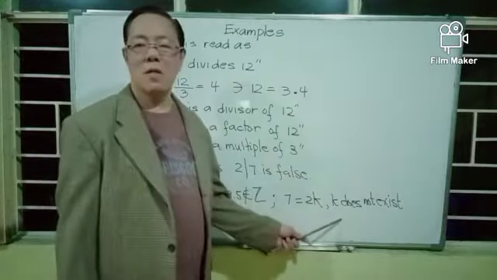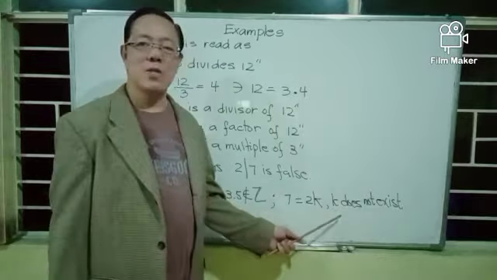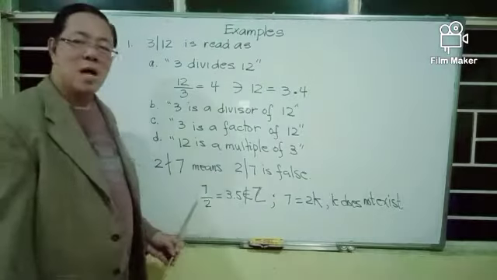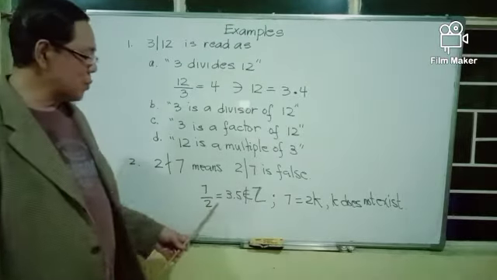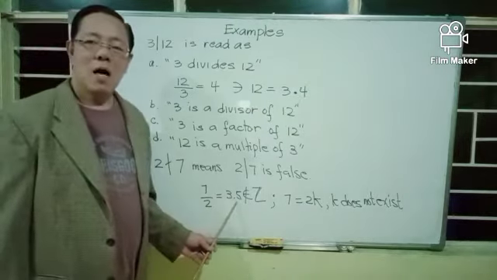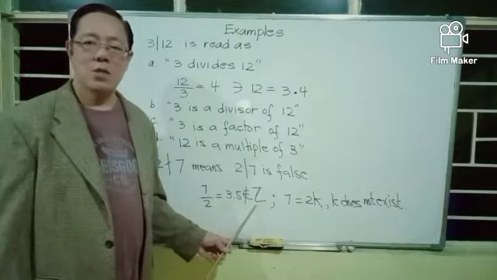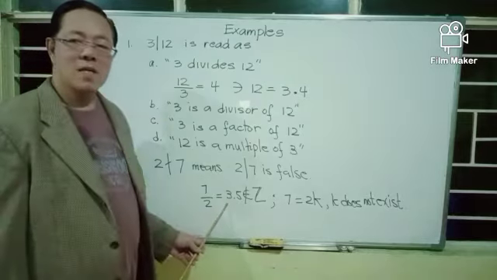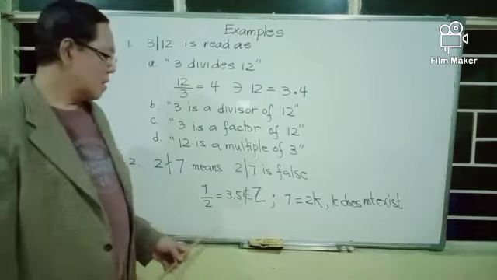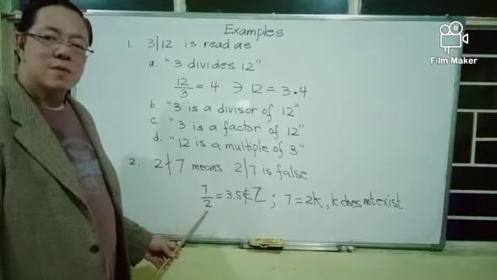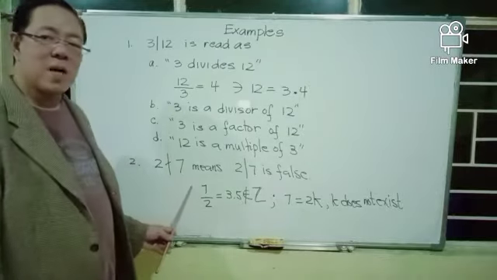There exists no integer k that satisfies this equation. Or when we actually divide 7 by 2, the answer is not an integer element of the set of integers, but the answer is 3.5. So we conclude that 2 does not divide 7.